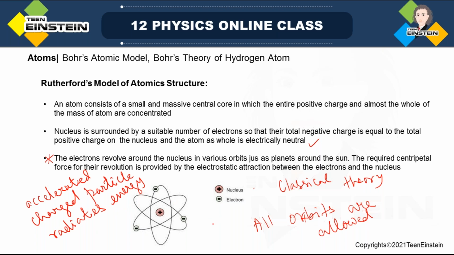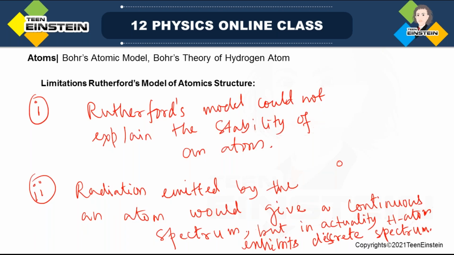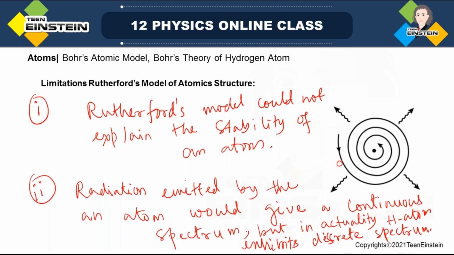And that's how an electron, which is, suppose, okay, we'll show it here. Suppose the electron is somewhere here in the beginning, and when it starts rotating about the nucleus, then due to acceleration, it will emit its energy in terms of some radiation h nu.